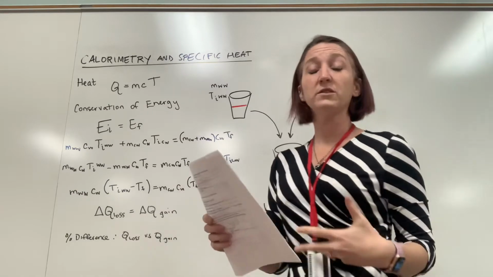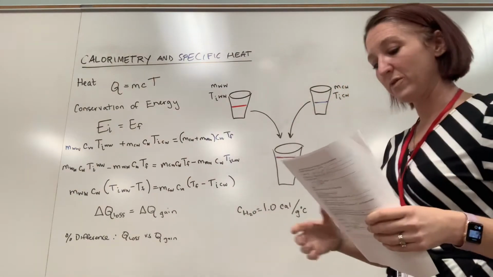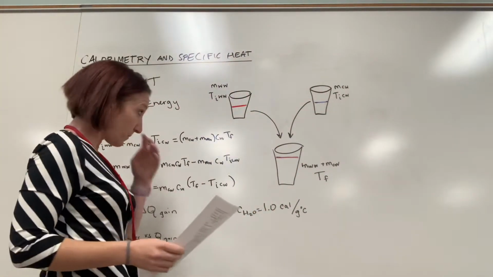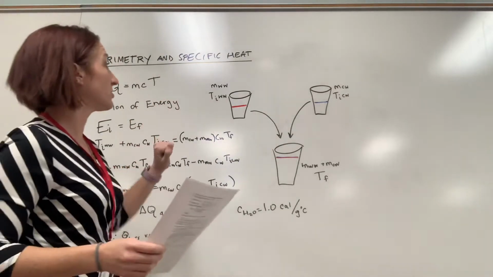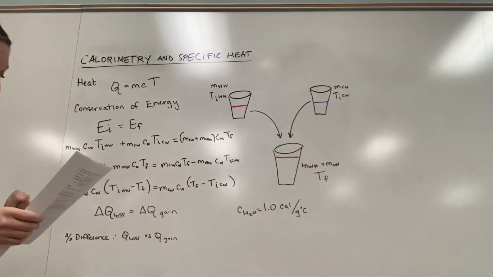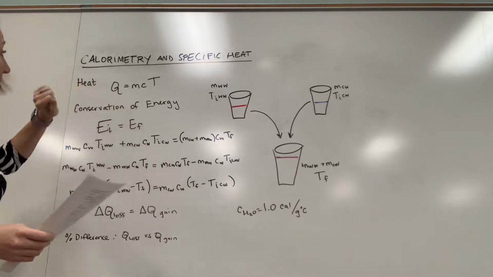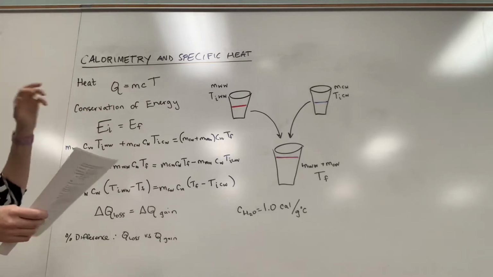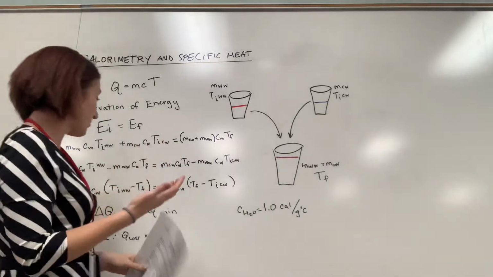So in the absence of any phase changes, the amount of heat that we would need to change the temperature of an object of a particular mass from an initial temperature to a final temperature is equal to this formula. Our heat is equal to our mass times the specific heat of the mixture that you are looking at.